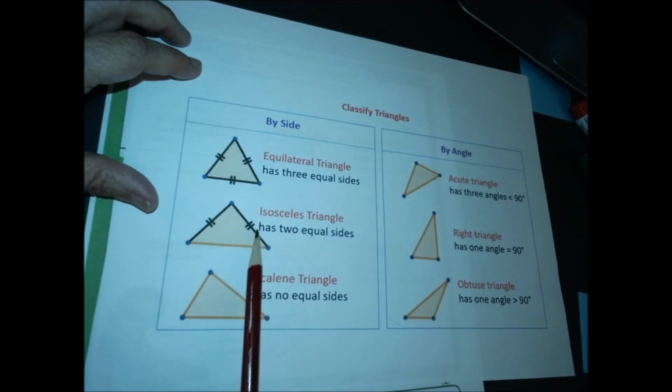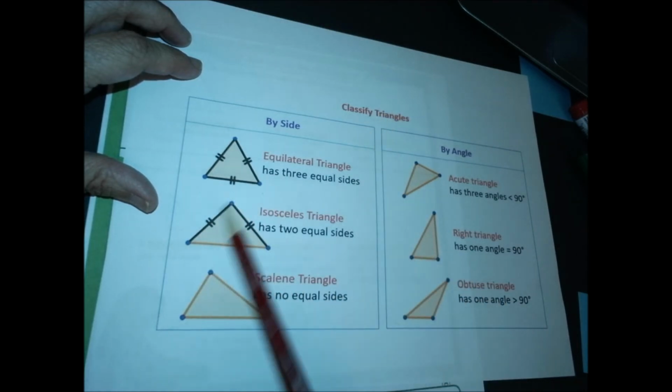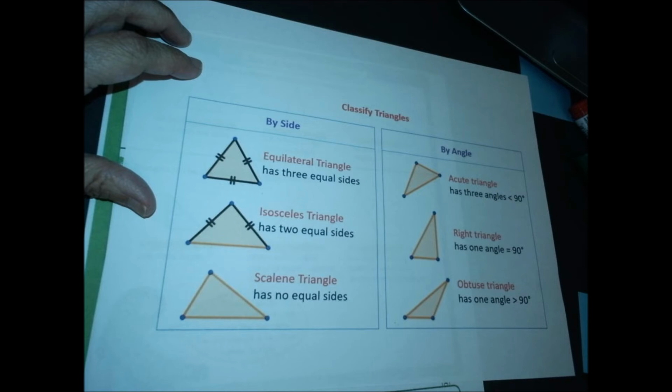It has two sides that are the same length. And so we can classify triangles by, again, the length of its sides. And then this bottom side would probably be longer or shorter. It all depends.